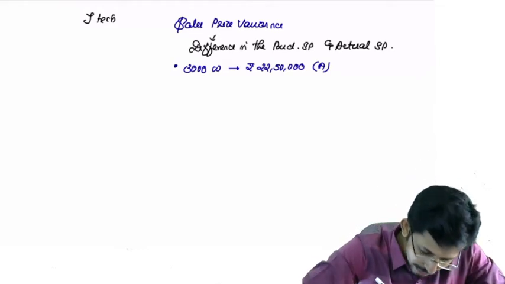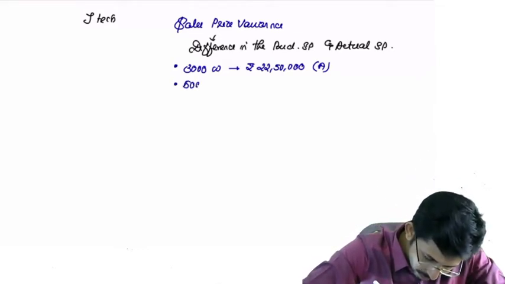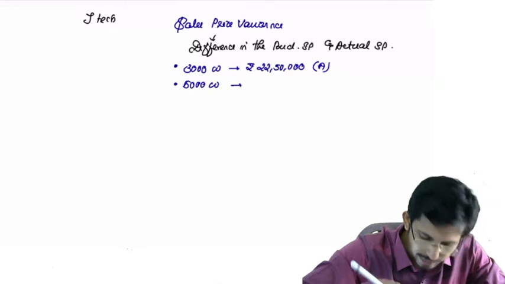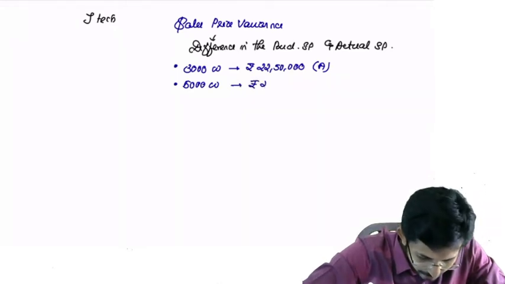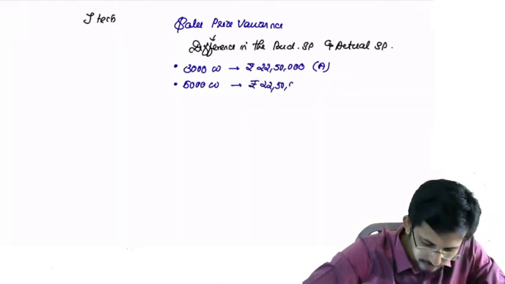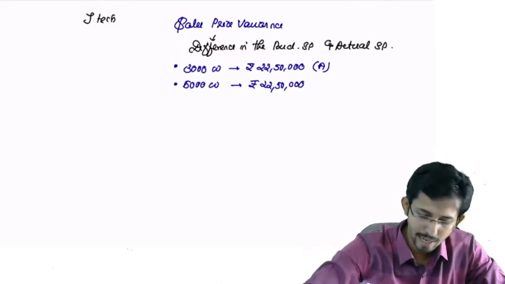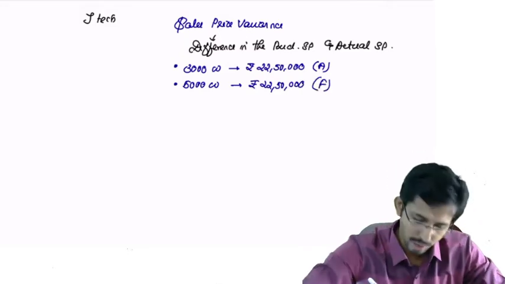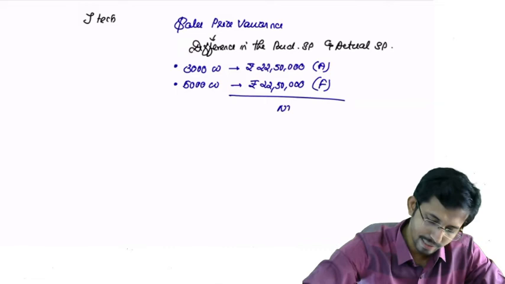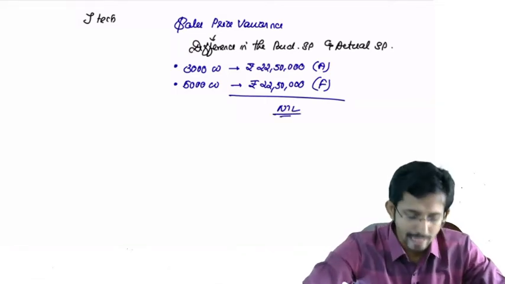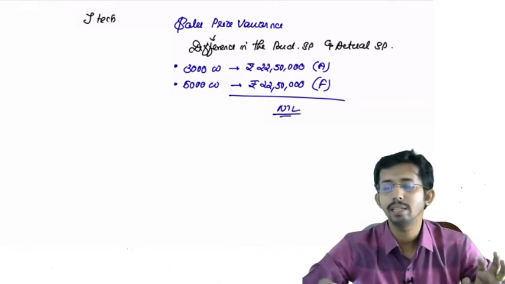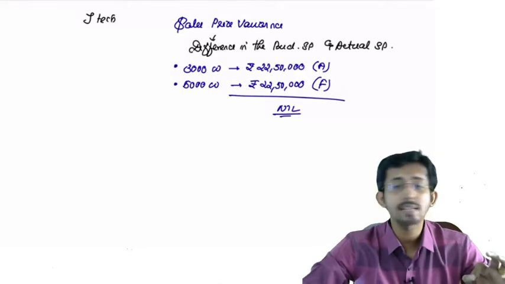Okay, so in the 5000 watt model, he had the same variance of 22,50,000, but it was a favorable variance. So on net, it will be a nil variance. Okay, so on a net basis, there is no sales price variance. That is what Mr. K has conveyed.